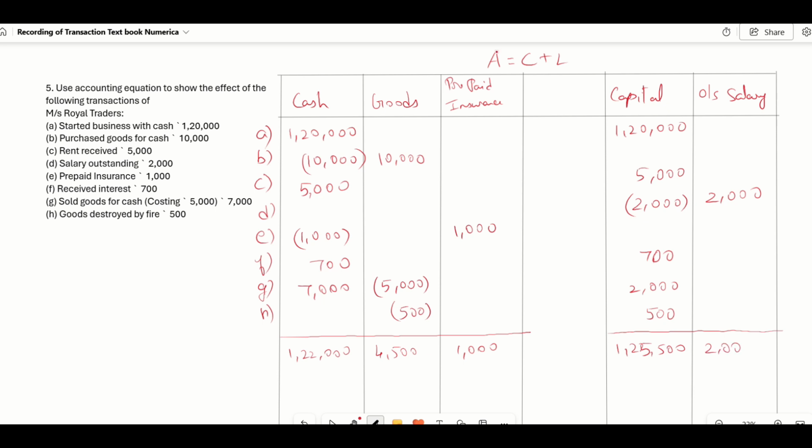Outstanding salary at 2,000. Now this is the capital, this is the liability. If you sum up these two, it comes to 1,27,500. Here all these are the asset portion. If you sum this up, it comes to 1,27,500. So both are equal, and hence the accounting equation is balanced.